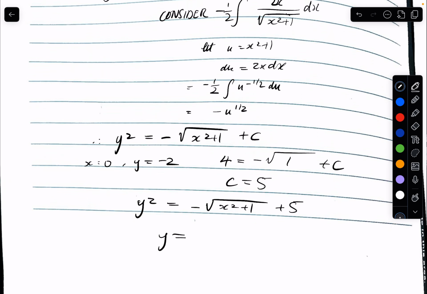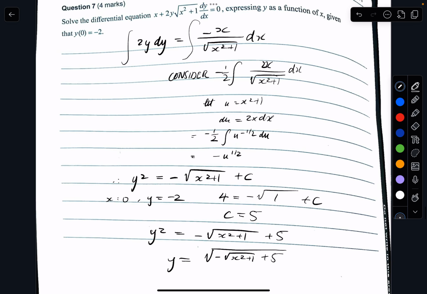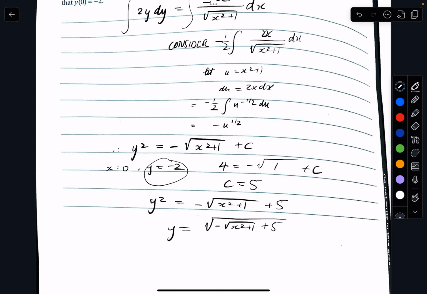And we need to say y is equal to the positive or negative square root of the negative square root of x squared plus 1 plus 5. Now, is it plus or minus? It's actually minus, because when x was 0, y was negative 2. So it's the minus square root, since y of 0 is less than 0.